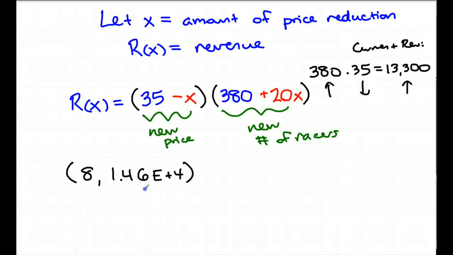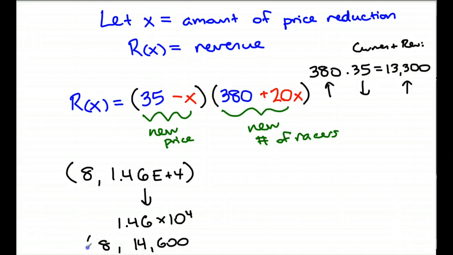So what that point really means is 1.46 times 10 to the 4th power, which would be 14,600. So this is what the point actually is, 8 comma 14,600, which is again your vertex.